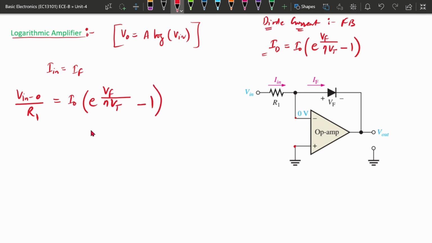Here the diode voltage is across this diode: one terminal is connected to 0 and the other terminal is connected to the output. So if this terminal is at high voltage and this one is at lower voltage, Vf will be 0 minus V output.